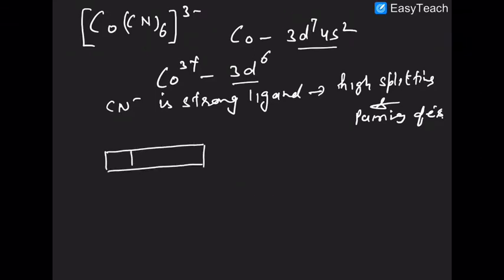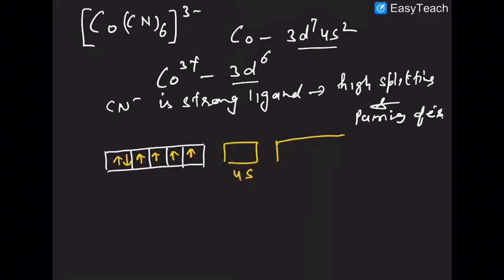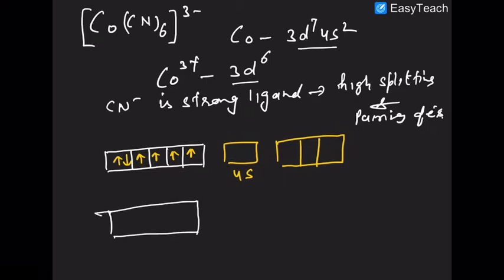That is the 3d level. In the case of 3d, there are 6 electrons: 1, 2, 3, 4, 5 and 6. So 4s and 4p are now vacant here. Now what will happen next? Due to splitting of the orbitals, pairing will happen.